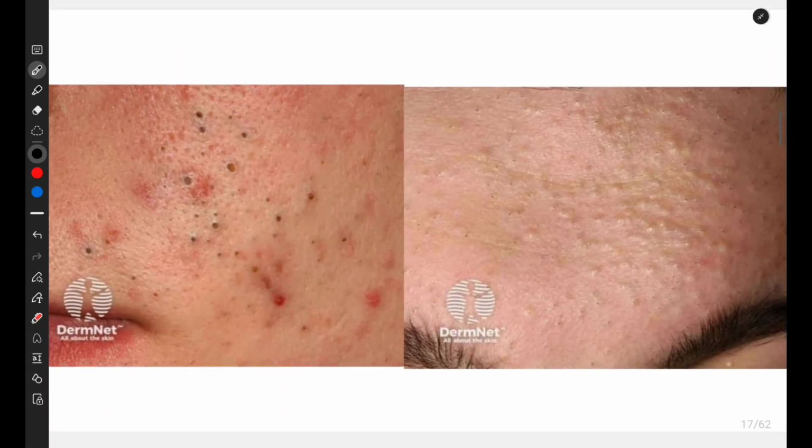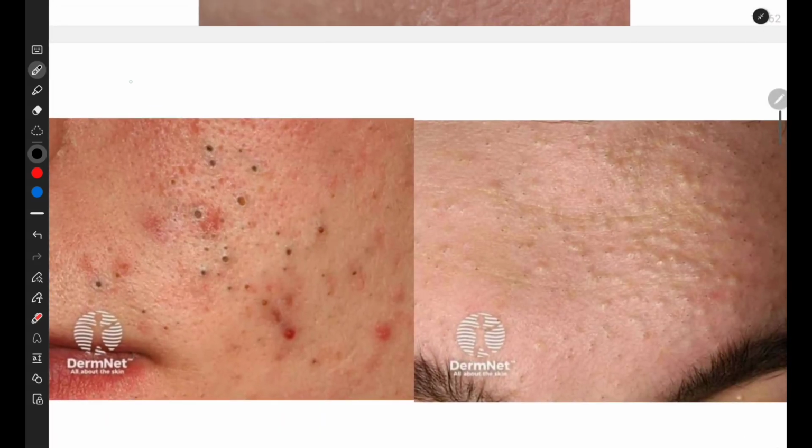Then coming to special lesions. So these are special lesions. This is called a comedone. These are popularly called whiteheads and blackheads. These will be most commonly seen in acne.